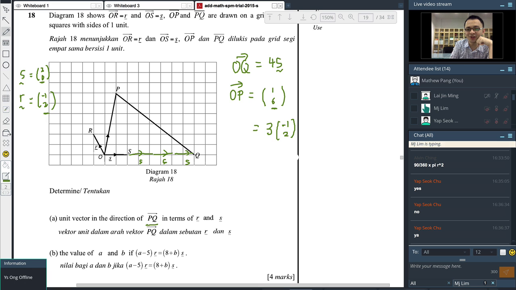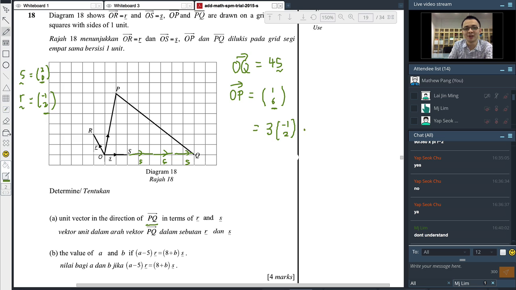But -3, how do I get 1? I know -3 will need to plus 4, right? So I will plus 4. In order to get 4 here, I will say this is 2S. So you can find out this one is basically -3, 6 plus 4, 0. Then I will get 1, 6.